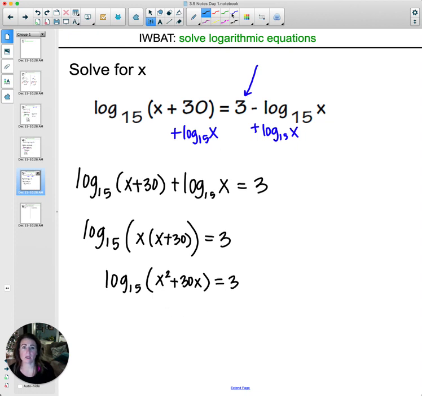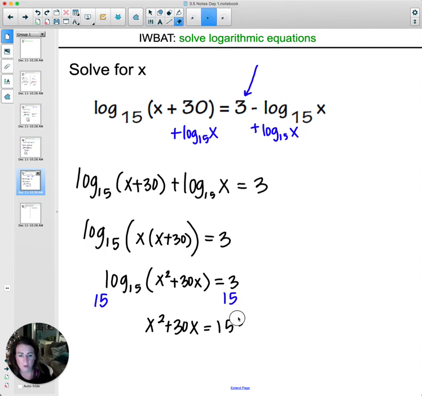So now we're going to want to get rid of that logarithm. Again, you can just rewrite it in exponential form. You can also exponentiate both sides. So then you end up with x squared plus 30x equals 15 to the third power. That does not look like a power.